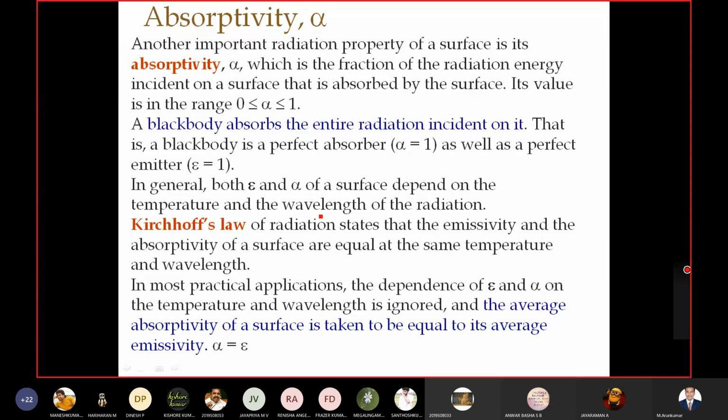In most practical applications, the dependence of epsilon and alpha on temperature and wavelength is ignored, and the average absorptivity of a surface is taken to be equal to its average emissivity. So we can take alpha equal to epsilon.